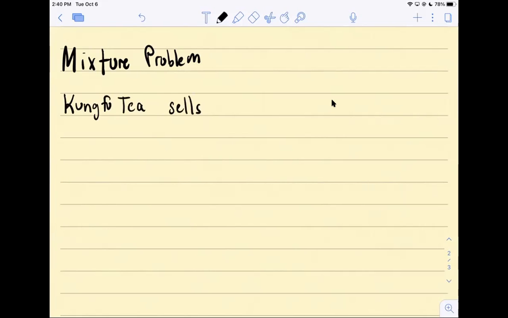Sells oolong. And by the way, if you want to read more examples, these examples are all similar to examples in the book. But I'm just doing them with slightly easier numbers because we won't have a calculator. So I'm just trying to make the numbers a little bit nicer.